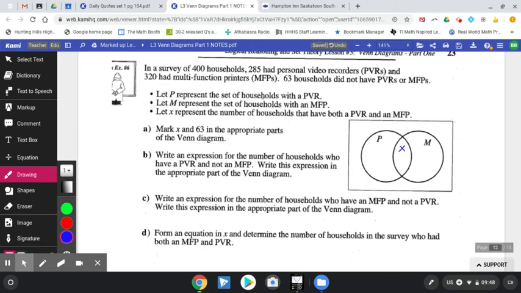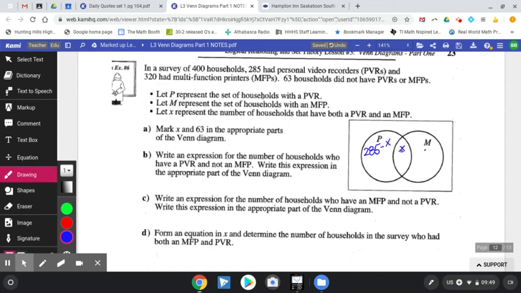Now, I know that with the PVRs, I'm supposed to have a total of 285. So these two sections together would add up to 285. So if this one is X, then this section would be 285 subtract X.